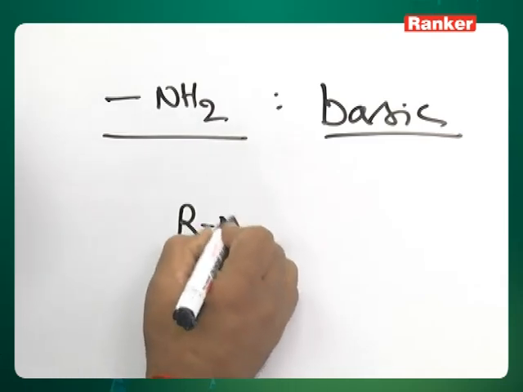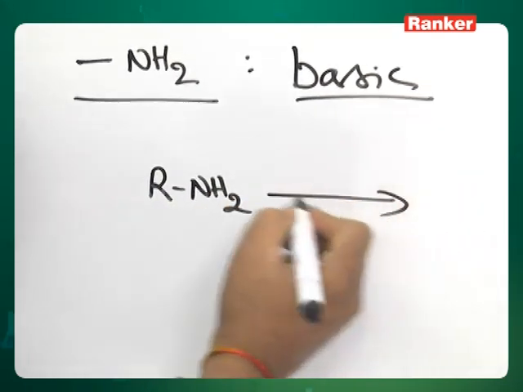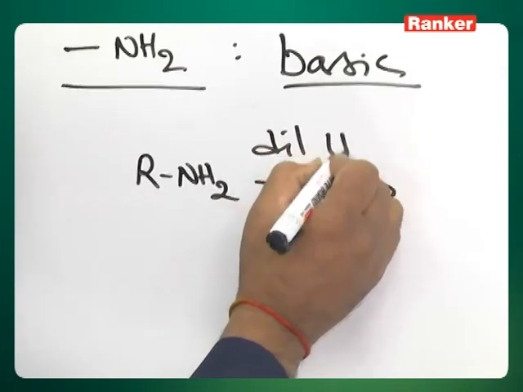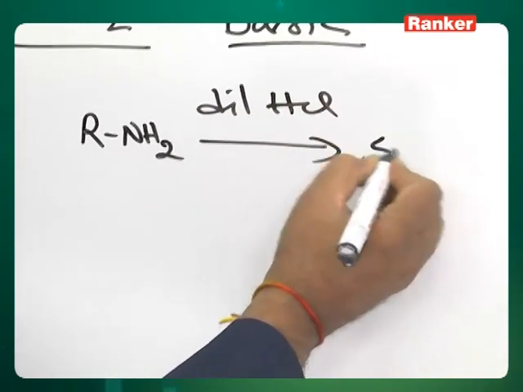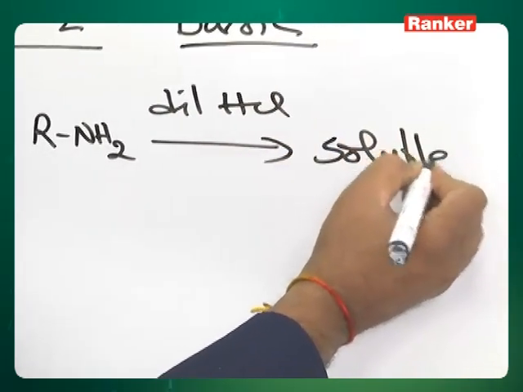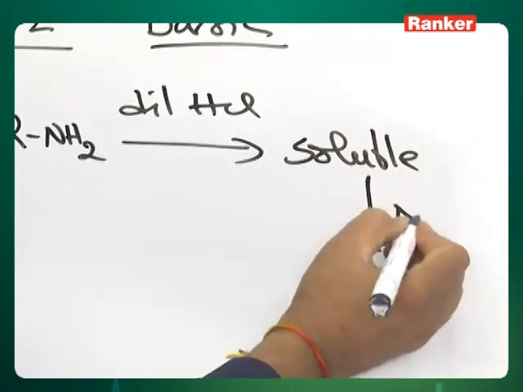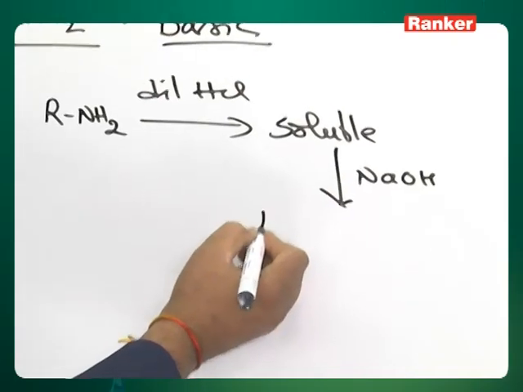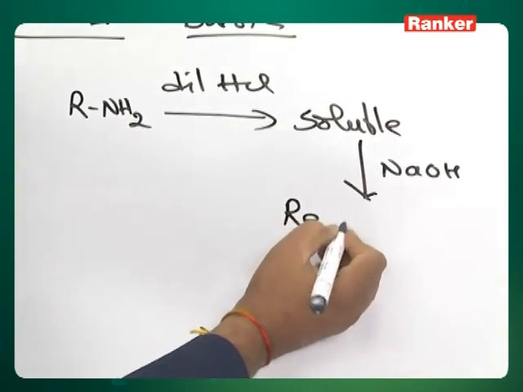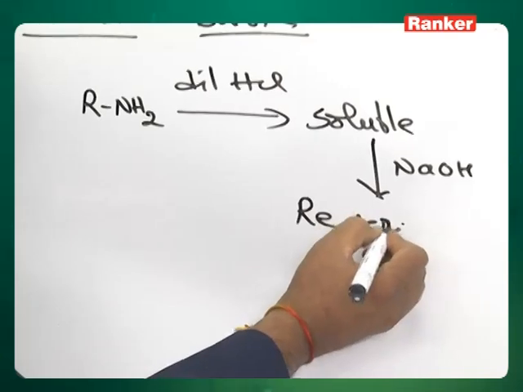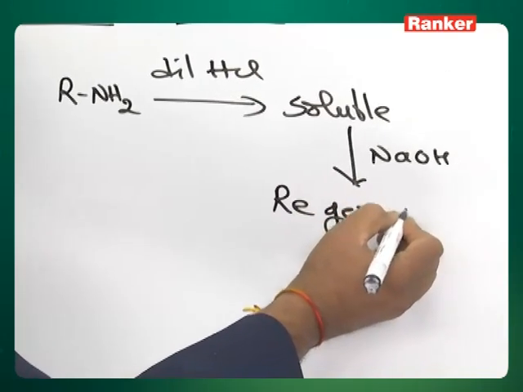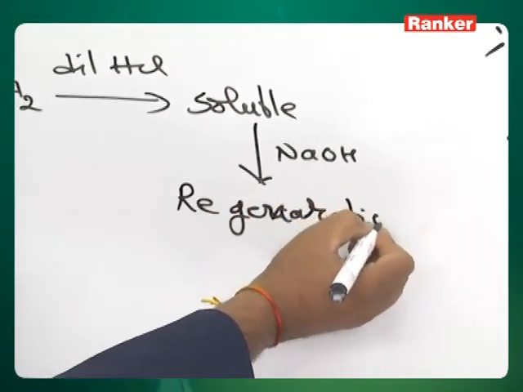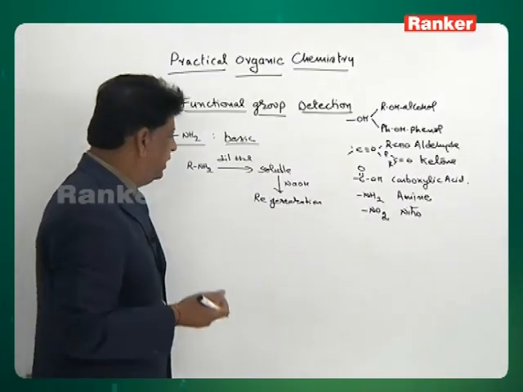Take any amine, add dilute HCl, it is dissolved or soluble. After solubility, if you add NaOH, regeneration or reappearance of the base.